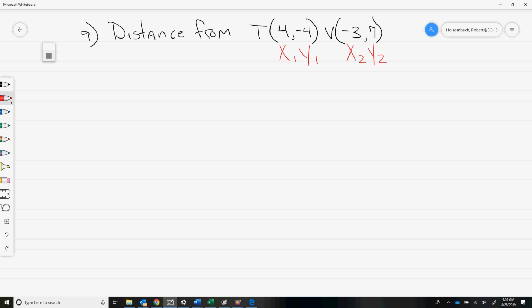Alright, the distance between 2 points is equal to the square root of x sub 2 minus x sub 1. So it's -3 minus 4 squared plus your y sub 2 minus your y sub 1, 7 minus -4 squared.